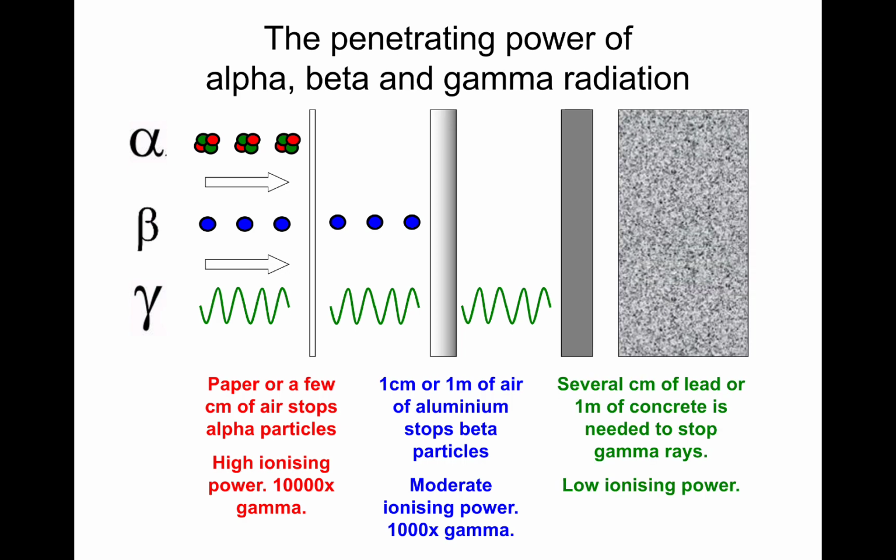And lastly, several centimeters of lead, or 1 meter of concrete, is needed to stop gamma rays. And gamma has a low ionizing power. So relatively, we call gamma 1 times, and then beta is 1,000 times more ionizing, and then alpha is 10,000 times more ionizing than gamma.